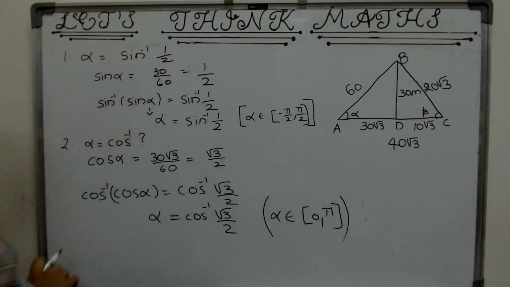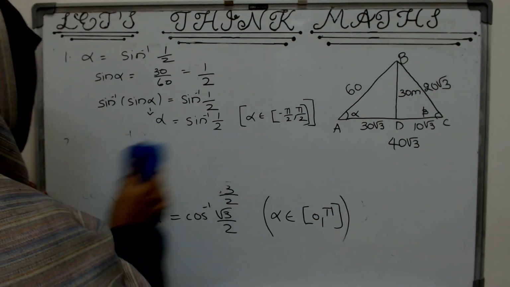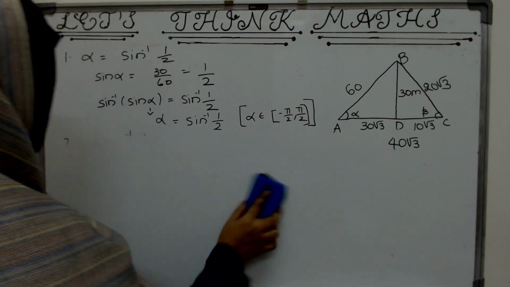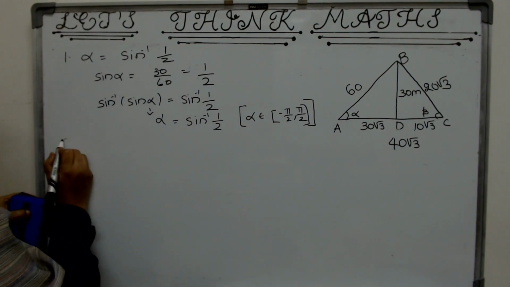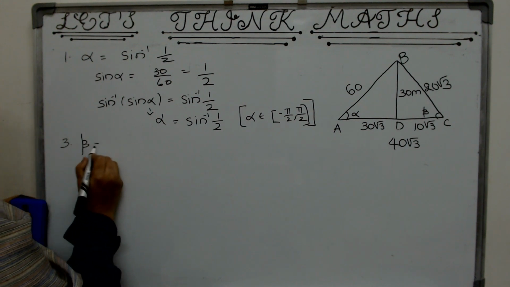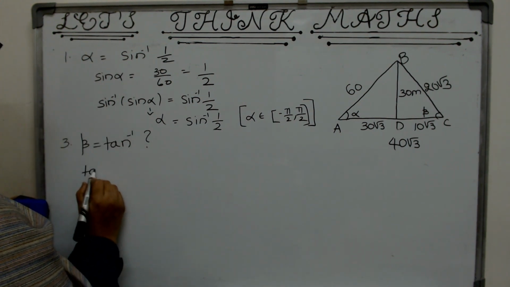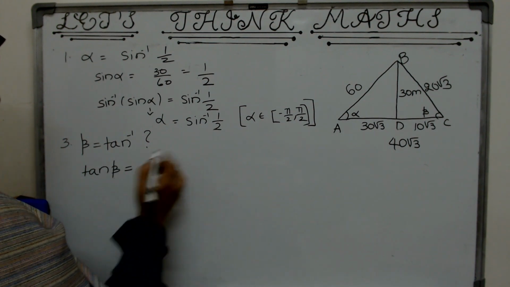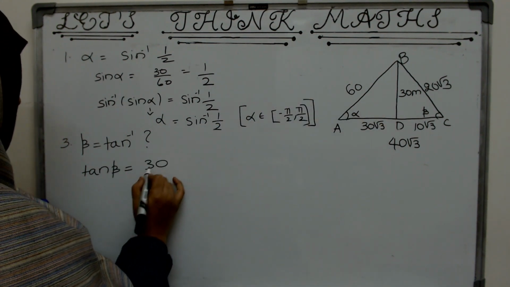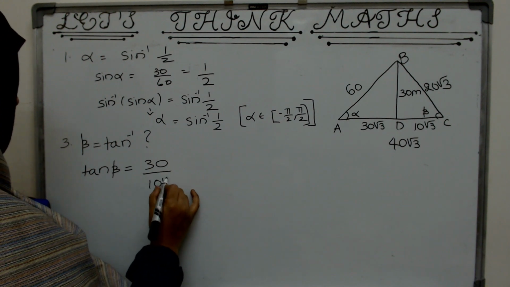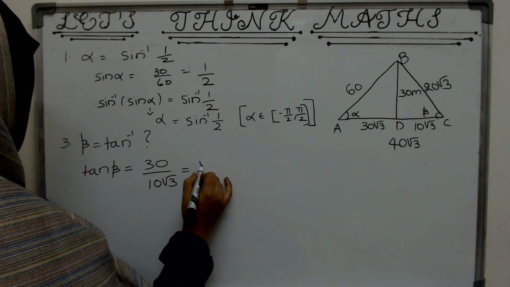So this is possible. Now we come to the third question, which is, what is beta? Beta is tan inverse of what? Tan beta is opposite side, which is 30, by adjacent side, which is 10 √3, that is 3 by √3, which is √3.